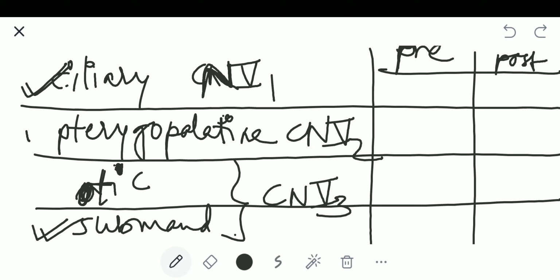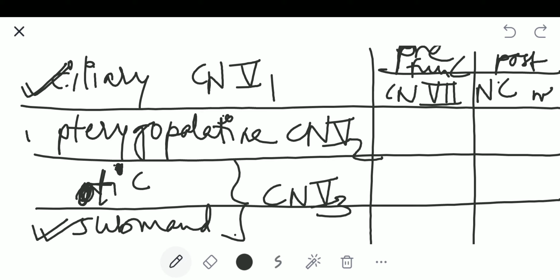Now here for the ciliary ganglion, the preganglionic or functional fibers are from whom? They are from cranial nerve number 7, and postganglionic, of course, from the nasociliary nerve. Wait, I will write it in short. Nasociliary nerve. Pterygopalatine functional, it is from whom?